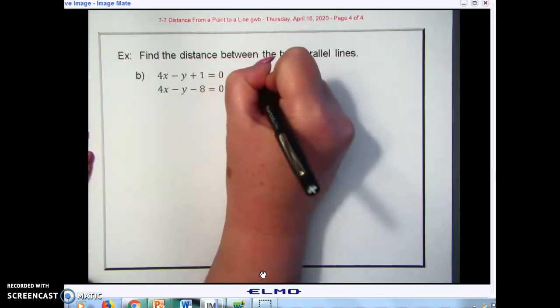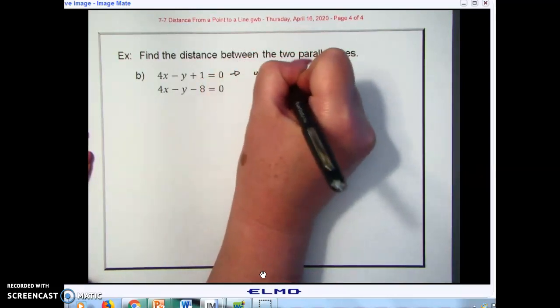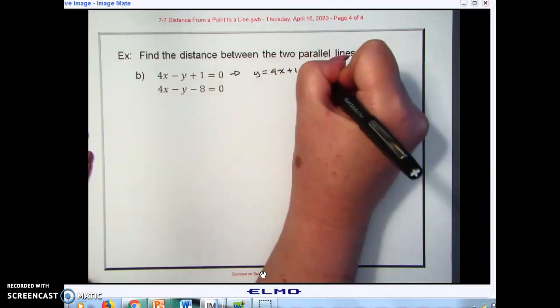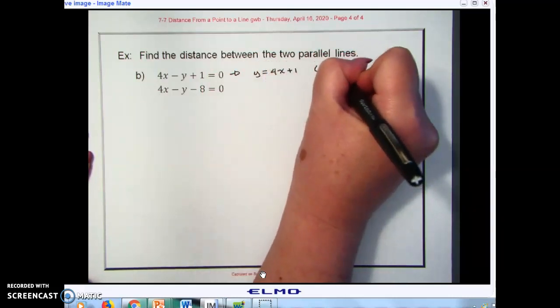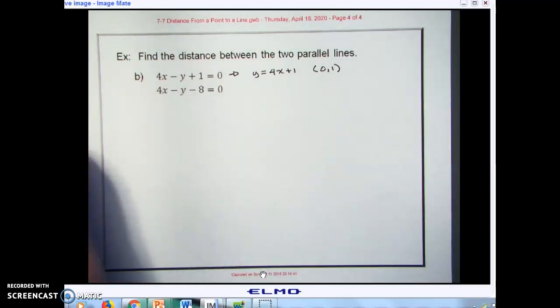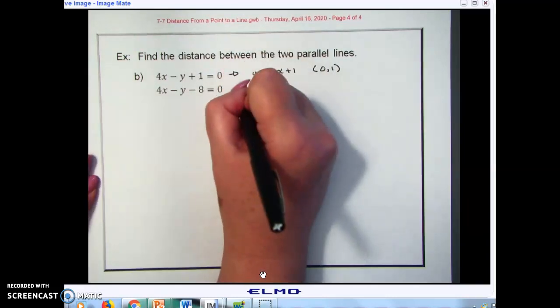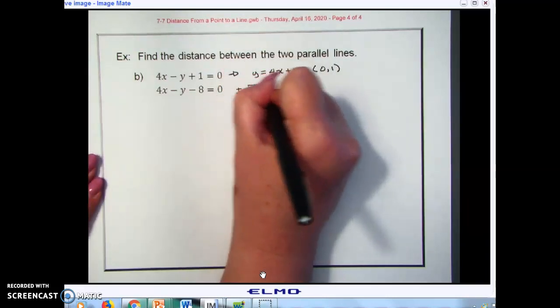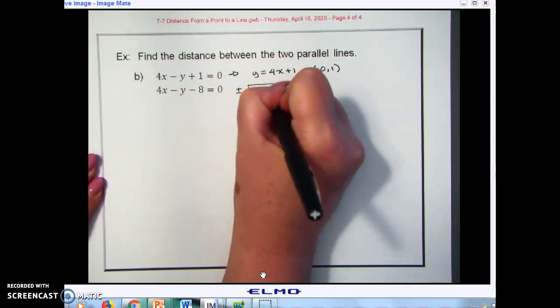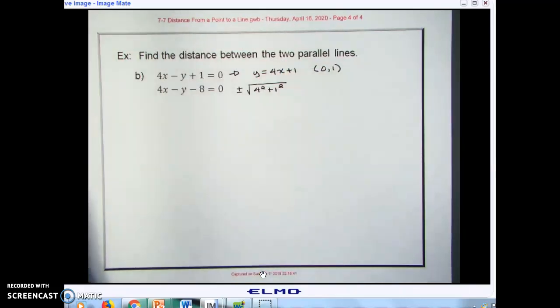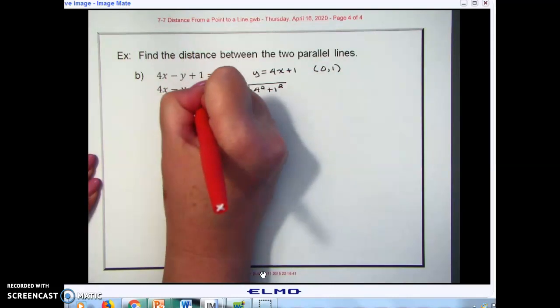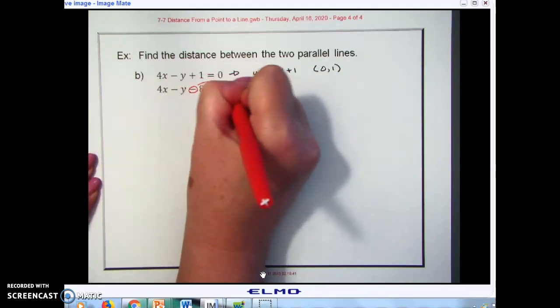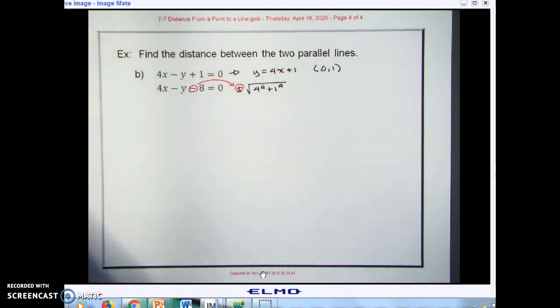In this case, I've got y is equal to 4x plus 1, giving me a point at 0, 1. And then over here, we're going to do plus or minus the square root of 4 squared plus 1 squared. We want the opposite sign of the negative 8, so that's going to be positive.